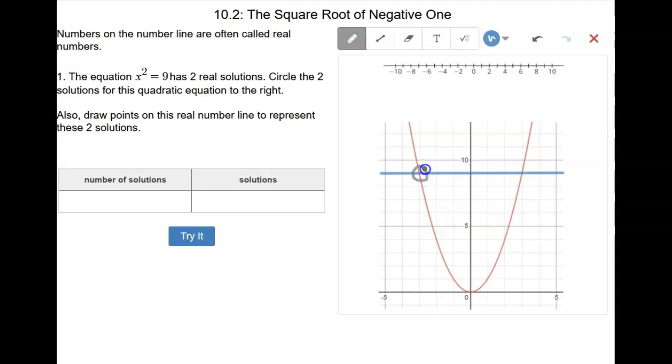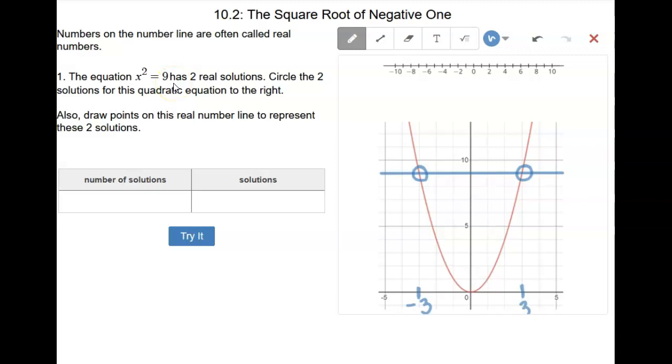So here is one location where it crosses and here's another location where it crosses. So one solution would be this x value right here, which is -3, and the other would be this x value, which would be +3, which should make sense because if you square -3, you get 9, and if you square +3, you get 9.